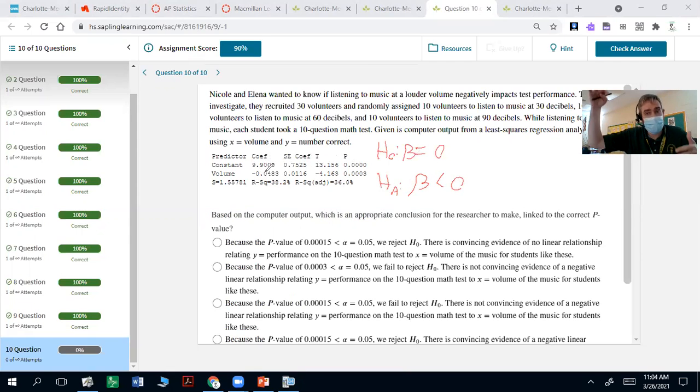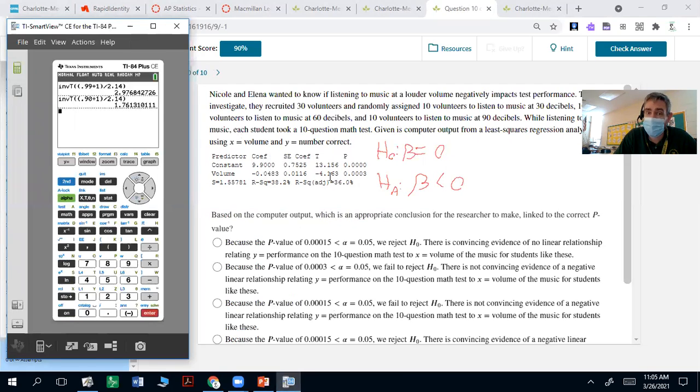Your sample slope, all right, I got a negative relationship. Looks like there's something to conclude that there is a slope that's less than 0. So there's some sort of relationship going on. And then you run a test and it spits out all these numbers. It gives you a test statistic, which is negative 4.163. I can tell you how that number can be gotten, and y'all can verify it.